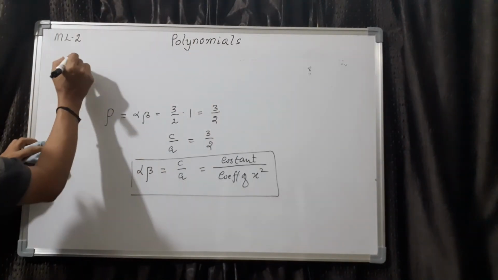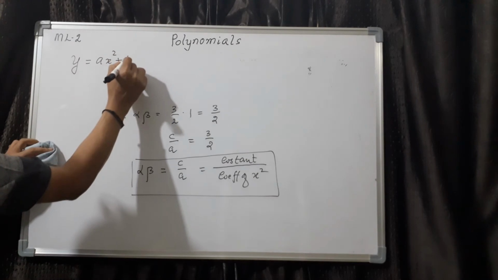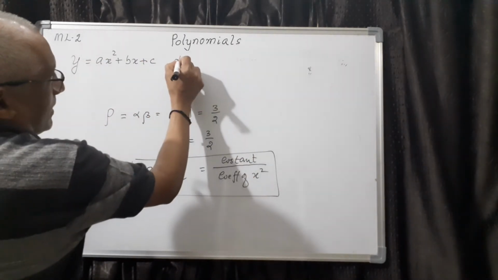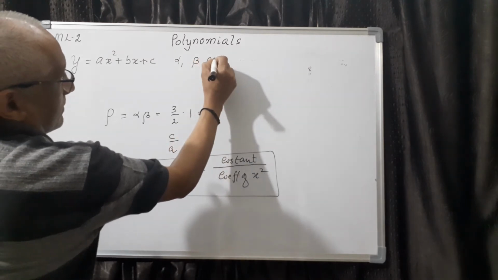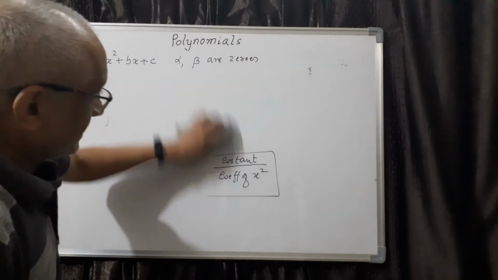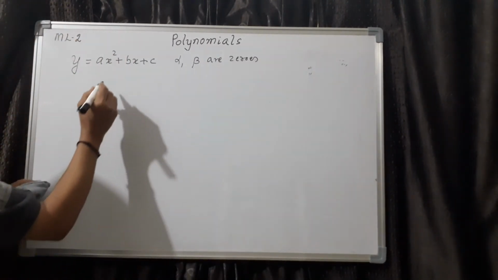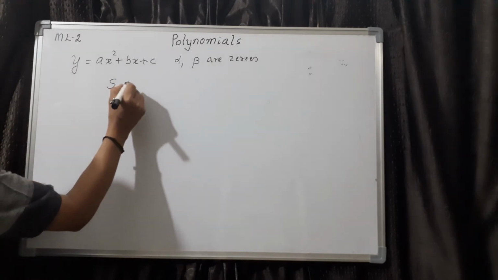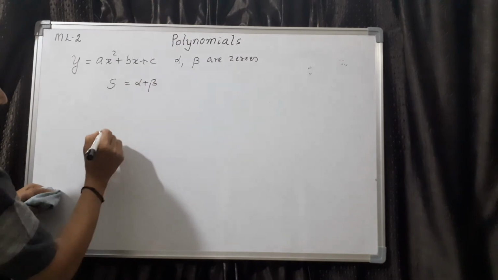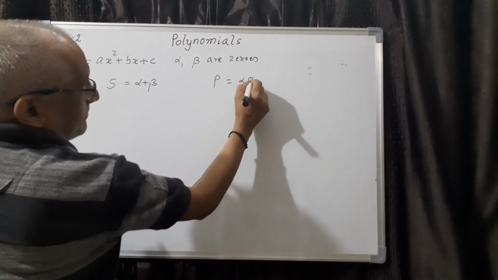See, you take any polynomial y equal to ax square plus bx plus c, a quadratic polynomial. Suppose alpha and beta are zeros. Then the relation is this: the sum, you can remember it as s, equal to alpha plus beta, and the product, you can remember as p, this is alpha beta.